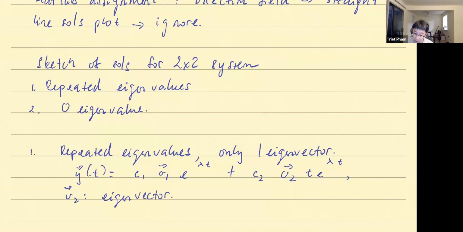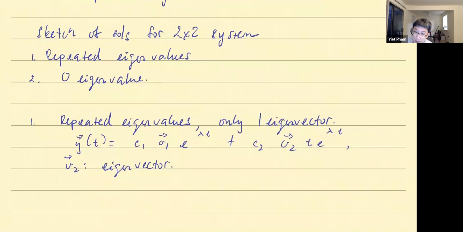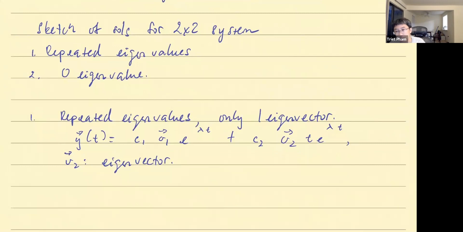So again, the concept of the sketch, the thing that we rely on the most, is first of all the classification of 0, 0. Here, 0, 0 is the only equilibrium solution if we assume that lambda is not equal to 0.